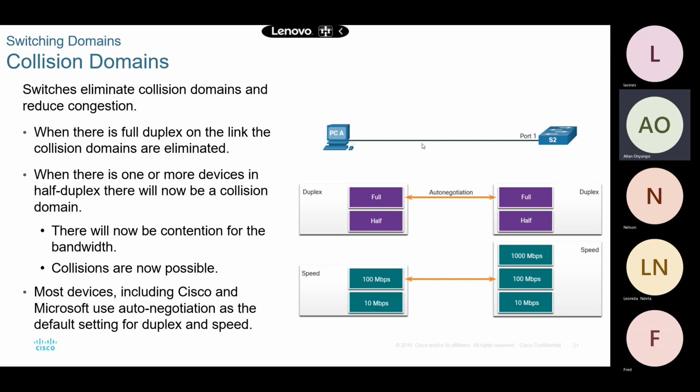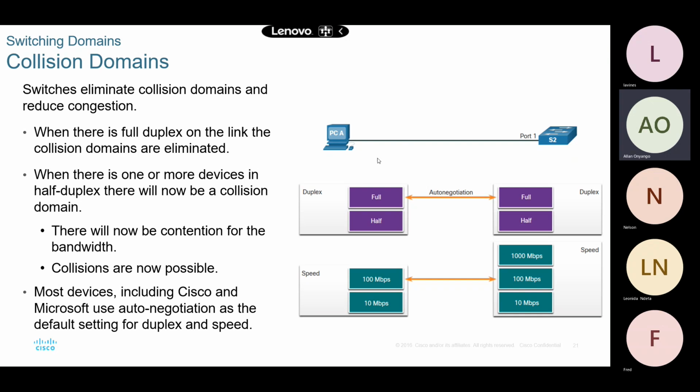We have talked about full duplex and half duplex. In half duplex, the PC can only send or receive frames. It cannot do both. Either the PC is sending or it is receiving, not both concurrently. In full duplex, the PC can be sending as it is receiving.